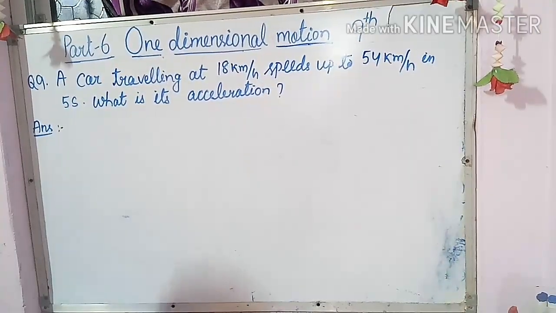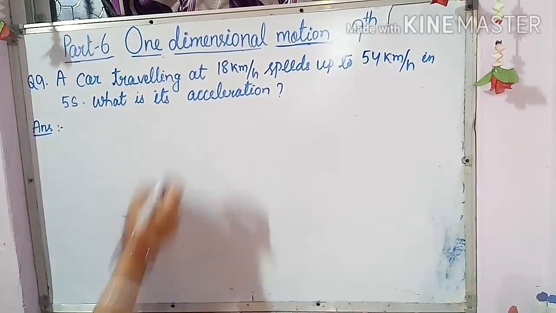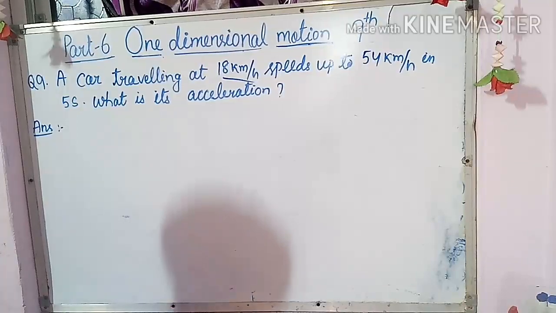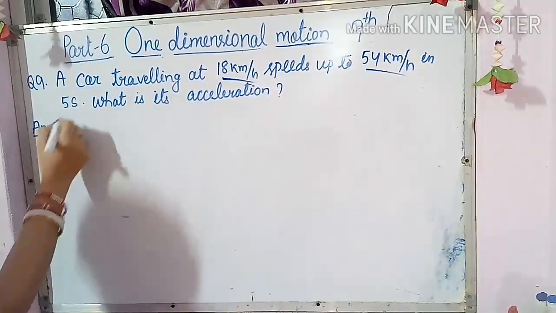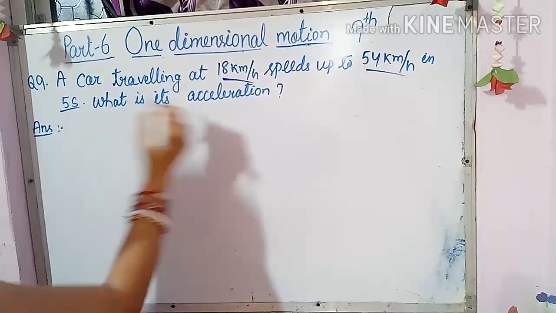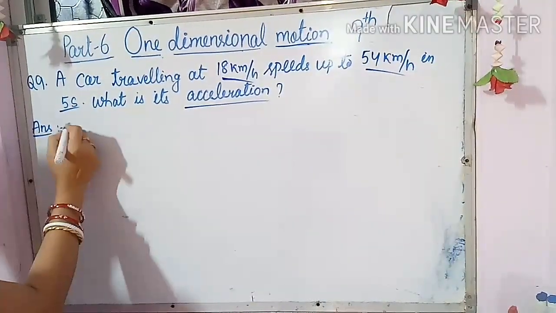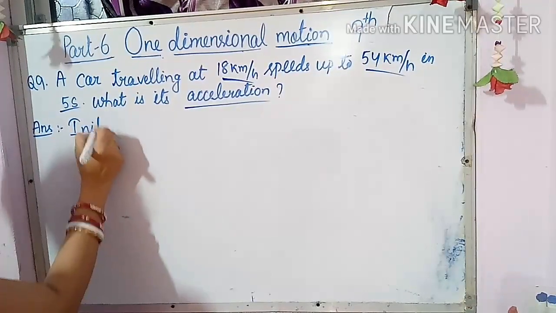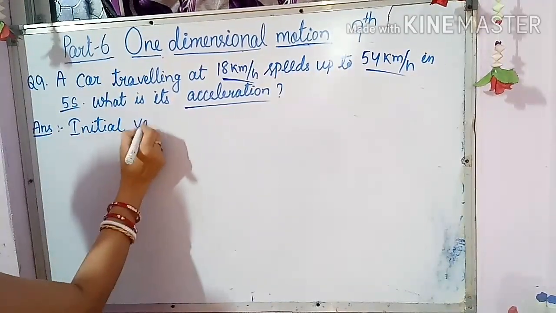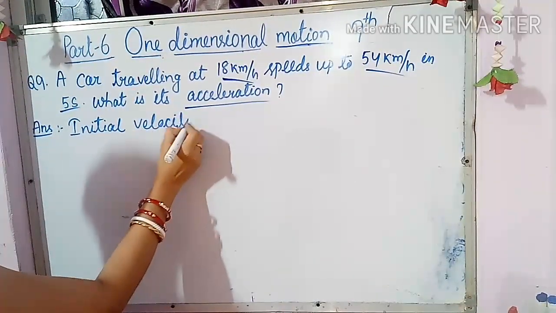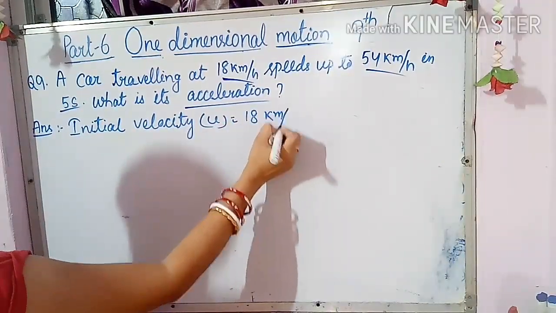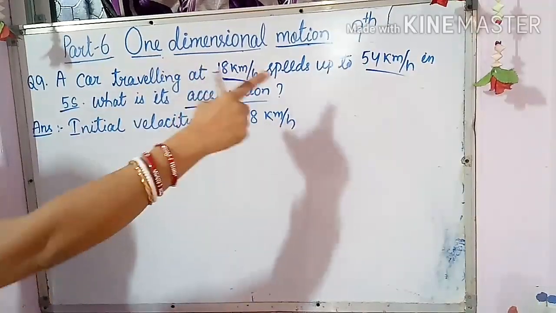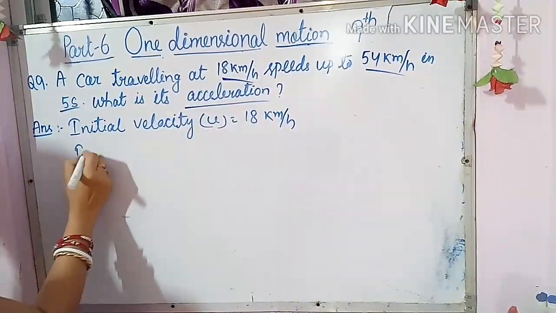Now children, you can see the next question. A car traveling at 18 km per hour means already initial velocity has been given. Speeds up to 54 km per hour means it is the final velocity. 5 seconds means time has been given. Now asking is acceleration. Now write symbolically. Initial velocity u equal to 18 km per hour.